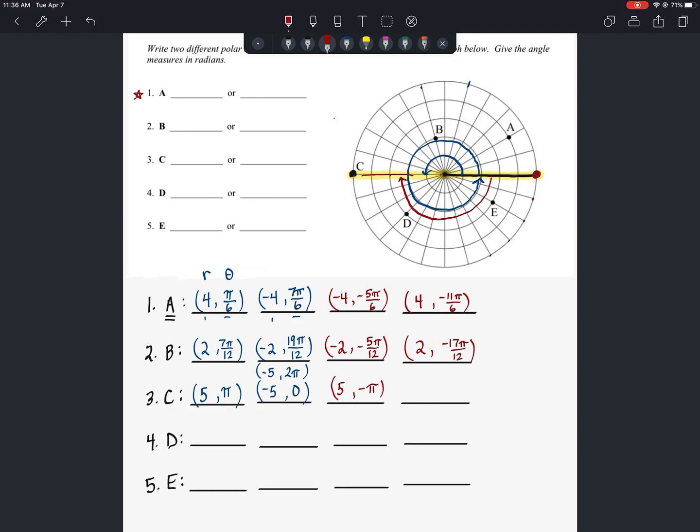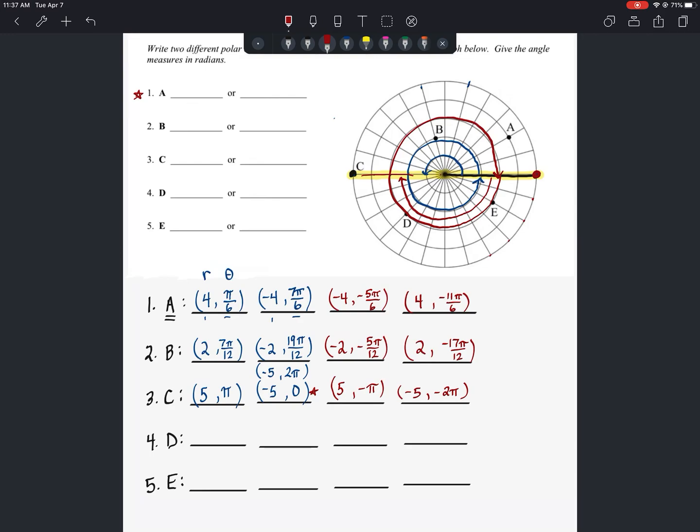If we just stayed at 0, that's actually the same as this one, so that ends up being the same. Or we could rotate it all the way around till we get back over to here, and that would be a negative 2 pi. And at the negative 2 pi, we would have a negative 5 because it's on the other side.